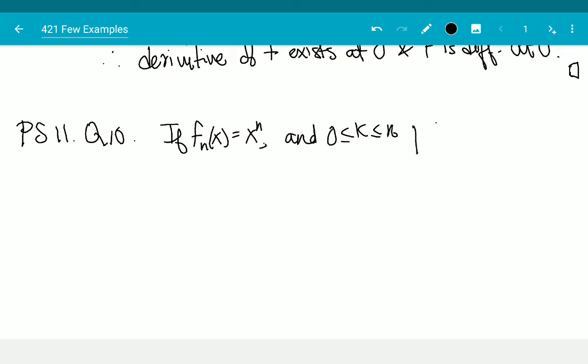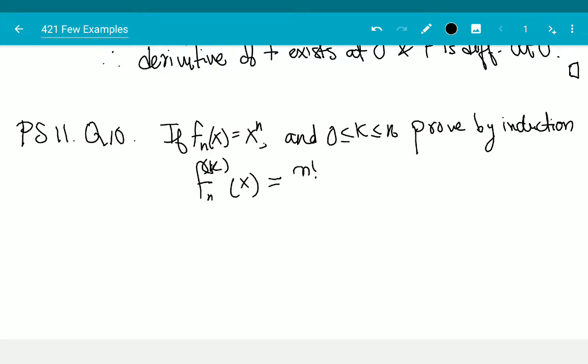Prove by induction that fn, the kth derivative, which is generally written this way, of x is equal to n factorial over n minus k factorial times x to the n minus k, which is equal to n choose k times k factorial times x to the n minus k.